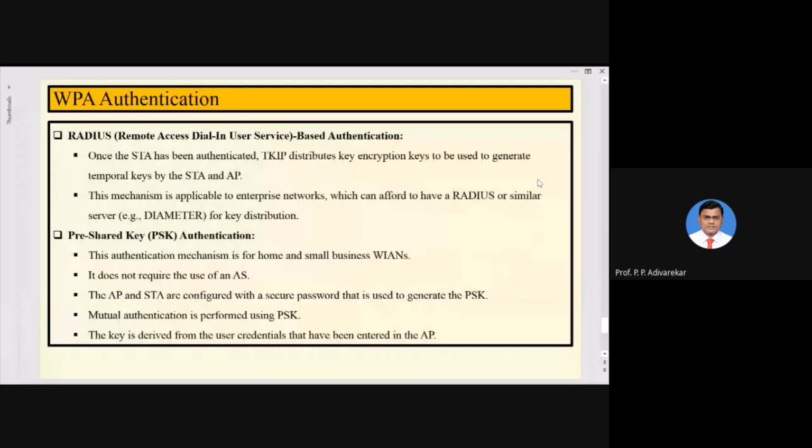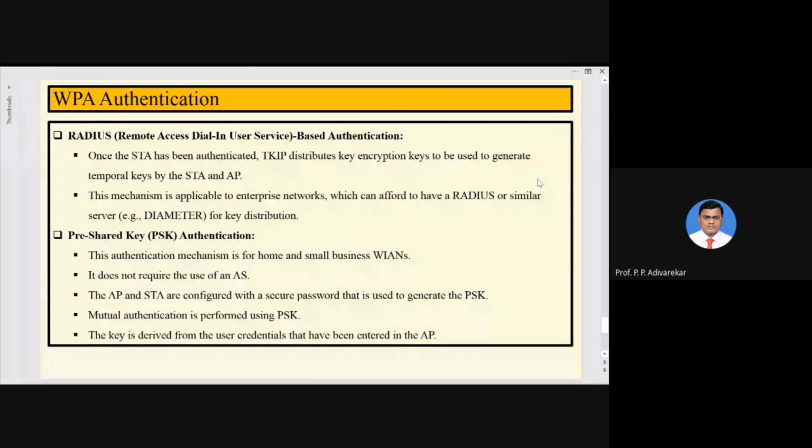Once the station has been authenticated, TKIP distributes key encryption keys to generate the temporal keys at the station and the access point. So whatever temporal keys are used for encryption get refreshed.